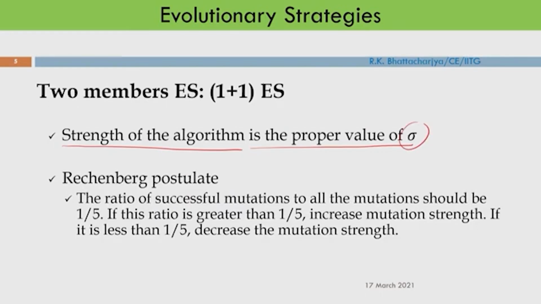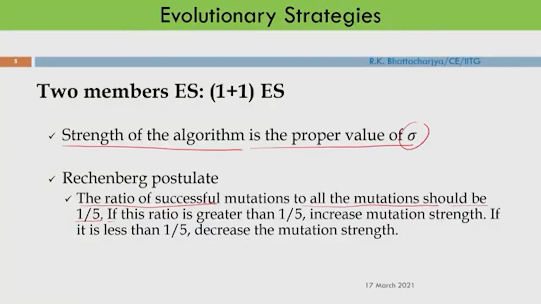Rechenberg said that the ratio of successful mutations to all mutations should be 1/5. Okay. So, it should be 1/5. If the ratio is greater than 1/5, that means you are more successful.